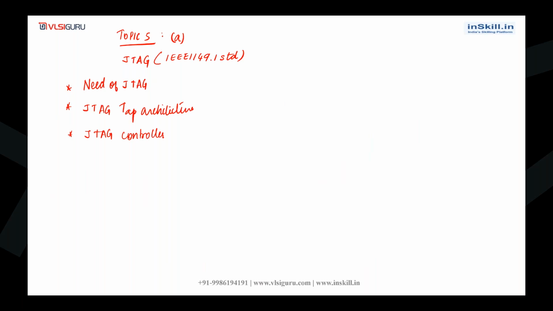The JTAG controller is a 16-state FSM. We'll be understanding the various states in this JTAG FSM. So we'll try to understand what is the need of JTAG, what is the JTAG TAP architecture, and what are the 16 states in that 16-state FSM. All these things we will try to understand.